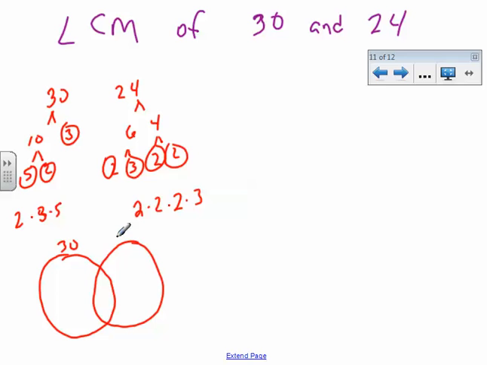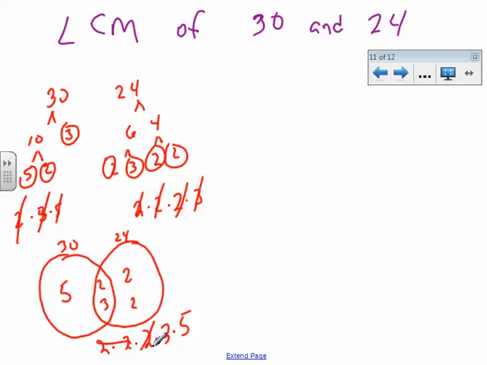Here's for 30, 24. Okay. I see a 2 and a 2. Those are in common. I see a 3 and a 3 in common. A 5, no 5, it goes here. A 2, no more 2s over here. Another 2. Now multiply. So 2 times 2 times 2 times 3 times 5. 2 times 2 is 4.